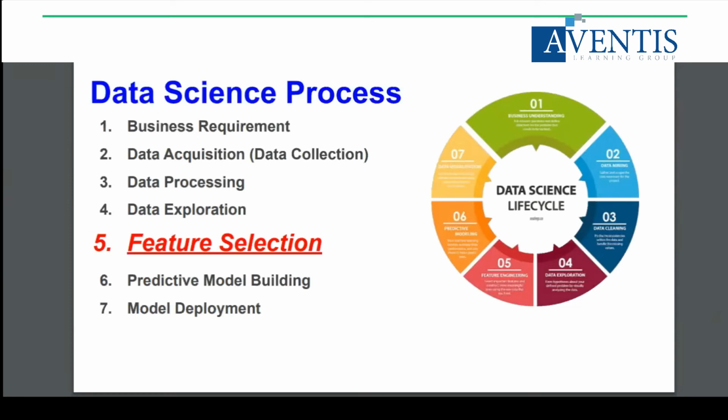Then based on that question, you need to collect the data. The third one is to process the data. You check whether any missing values are there or not, and you basically normalize your data. So those things you need to do.